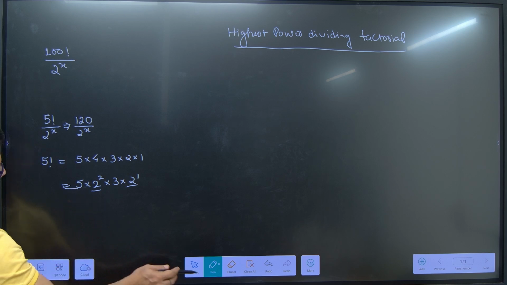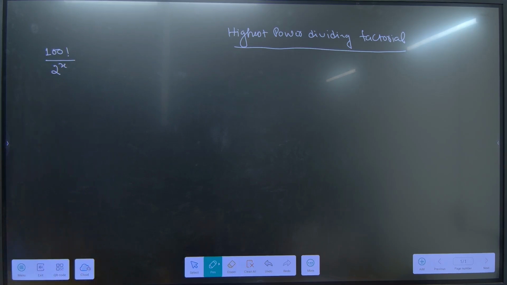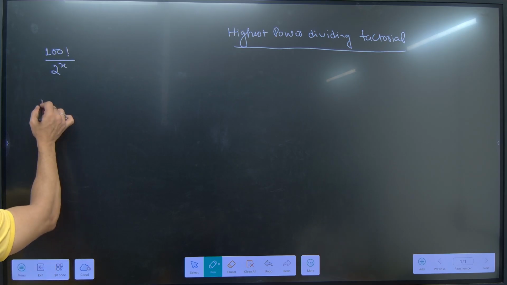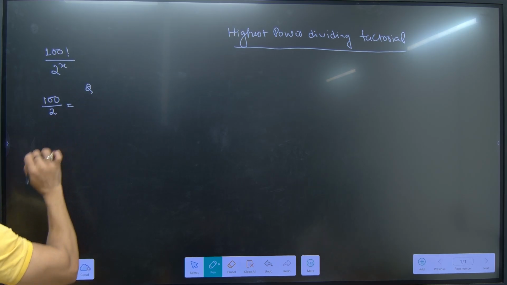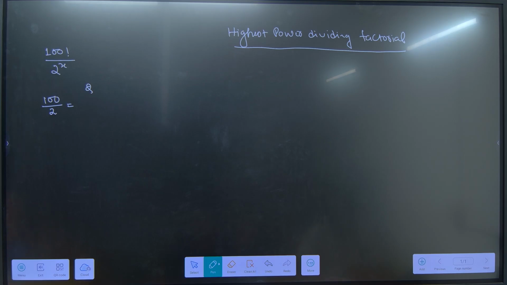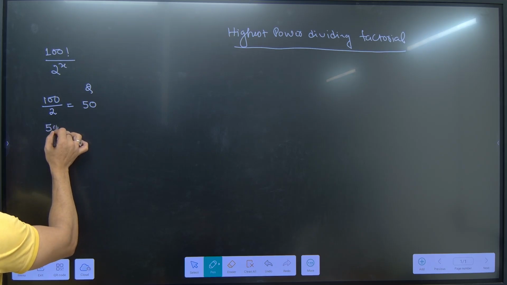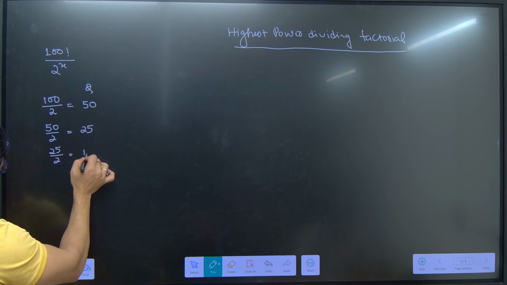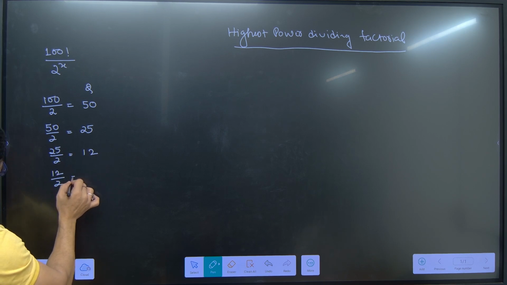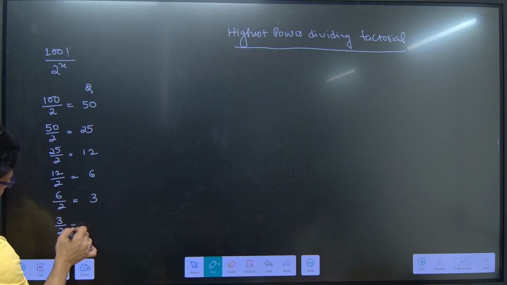So 100 factorial, I cannot do this. Who is going to expand this? It will be a problem. We cannot expand 100 factorial, so there is a shortcut. Take whatever the factorial is, divide with 2 and write all the quotients only, not the decimal part, only the integral part. 100 divided by 2, how many times? 50. 50 divided by 2, 25. 25 divided by 2, 12. 12 divided by 2, 6, and 6 divided by 2, 3, and 3 divided by 2.